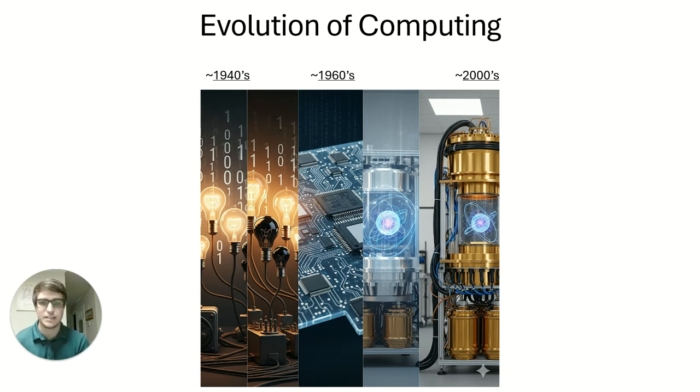And then in the 1960s, you got silicon microchips, so they could make these processing machines a lot smaller, and they still are used today. It's the ones we're more familiar with, the ones that are in the computer I'm using right now to make this video. And then in the 2000s, you had the invention of qubits, which use quantum information to store bits of information.